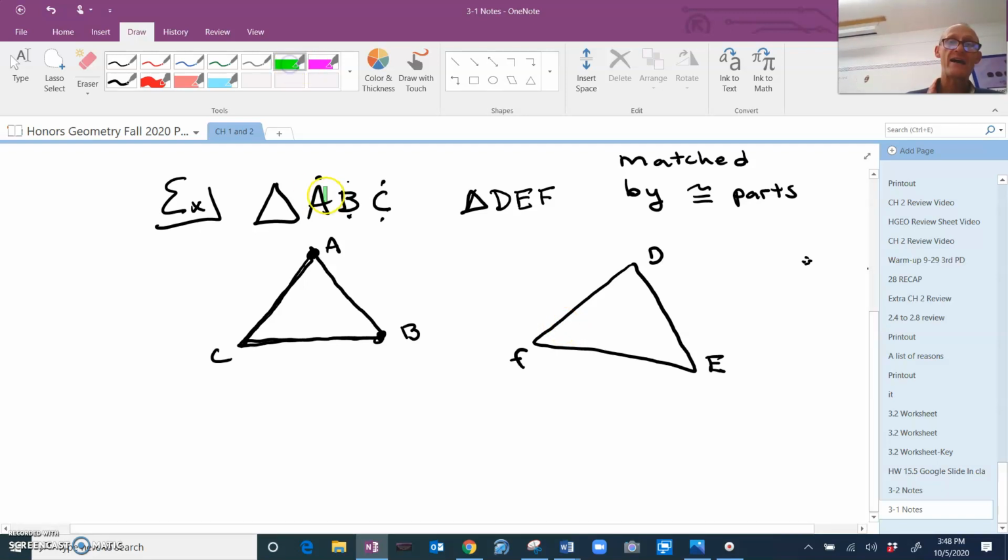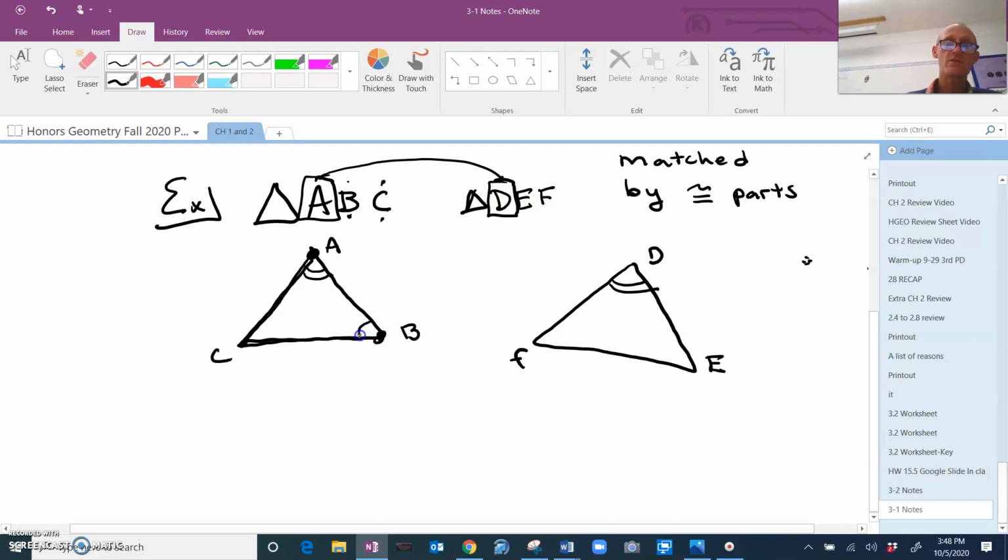So if I look at point A, that has to match up with D. So that means that angle A and angle D correspond. Now, if they're equal, that's good. That doesn't mean that the triangles are equal, but if angle A is equal to angle D, then they might be congruent.